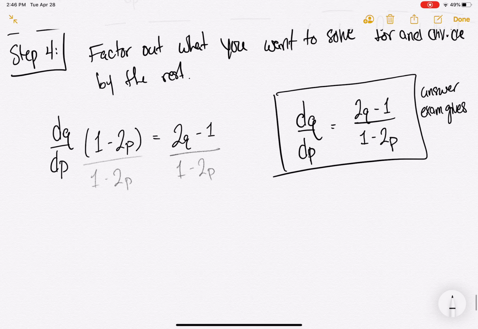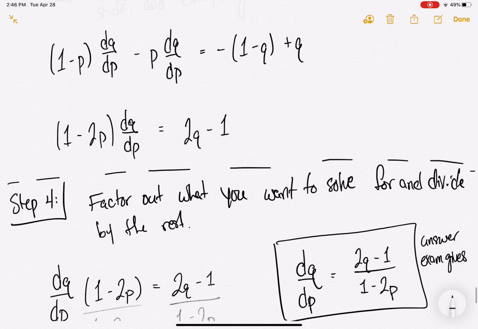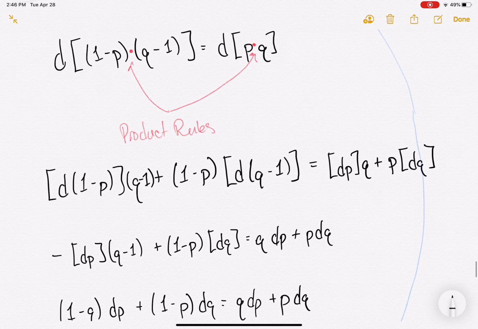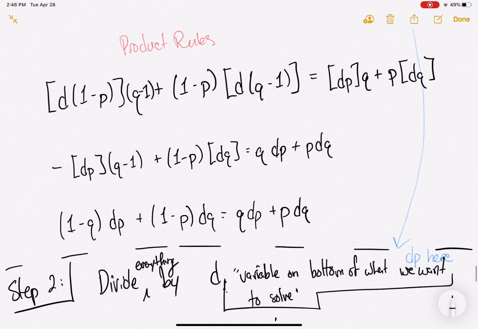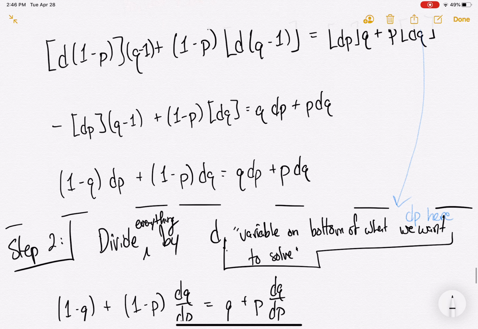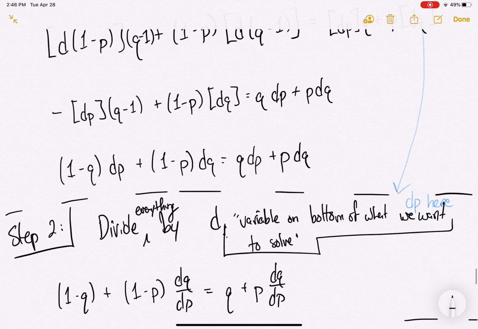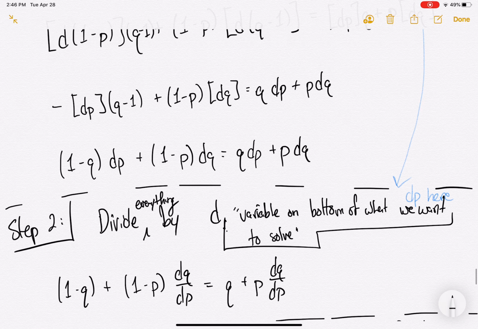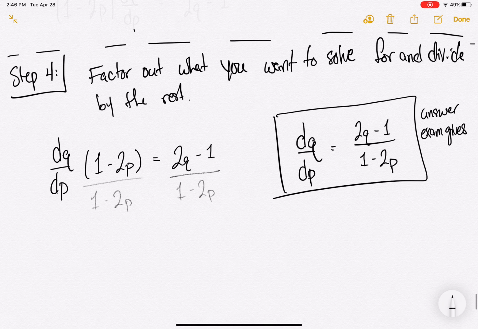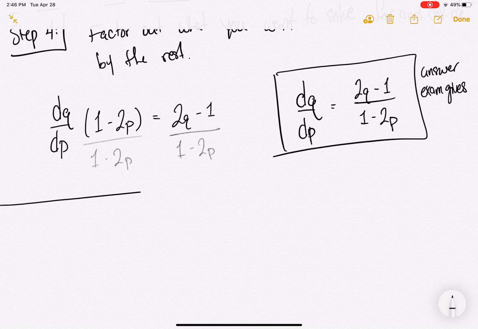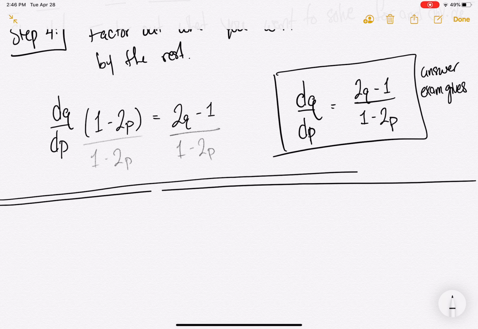Let me check this just to make sure I've done everything right. If P is on the bottom, then the P term should be on the bottom. That's right. Okay, good. Always nice when I have to double check my answers, right?